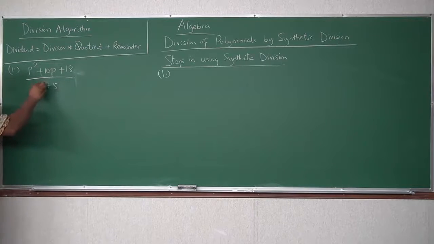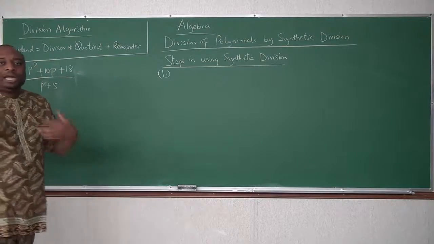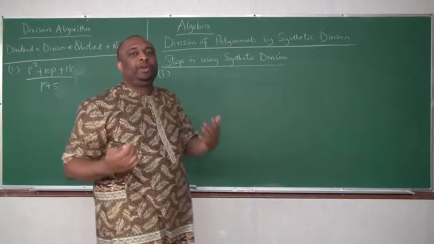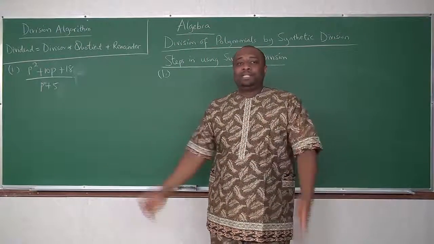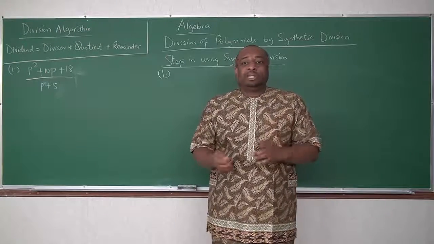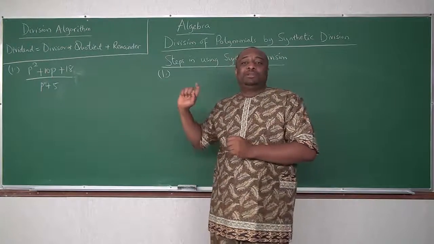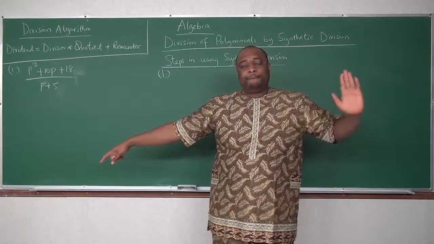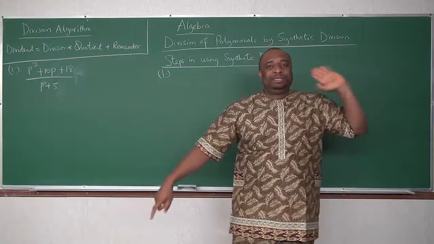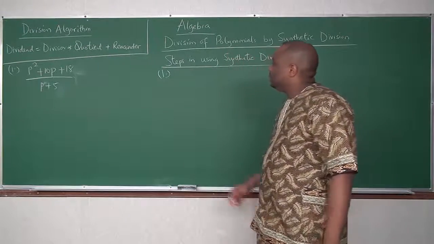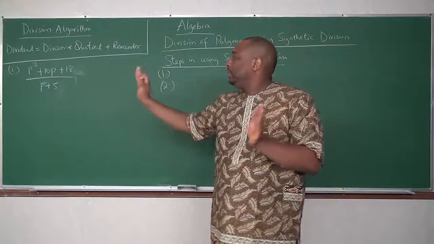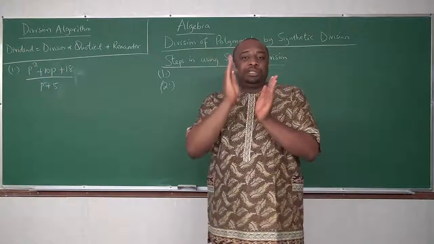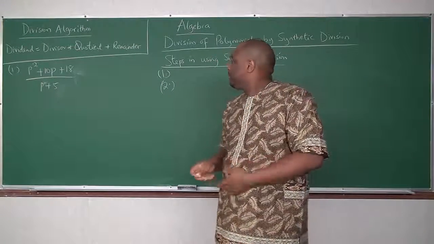With synthetic division, you must have a linear term. That is why long division is superior to synthetic division. With long division, the dividend can be anything, the divisor can be anything, and you can still use long division. But with synthetic division, the divisor must be linear. So that is step 2. The divisor should be linear and arranged in descending order of exponents.